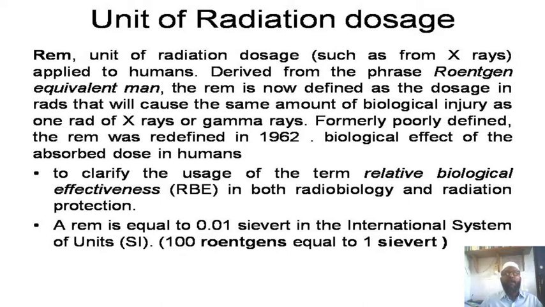Rad can be defined as radiation absorbed dose. That is, rad is the measurement of the radiation absorbed by the material or tissue. For example, if radiation is exposed to a material and the material absorbs some energy, this is the energy absorbed by the tissue or material per kilogram.